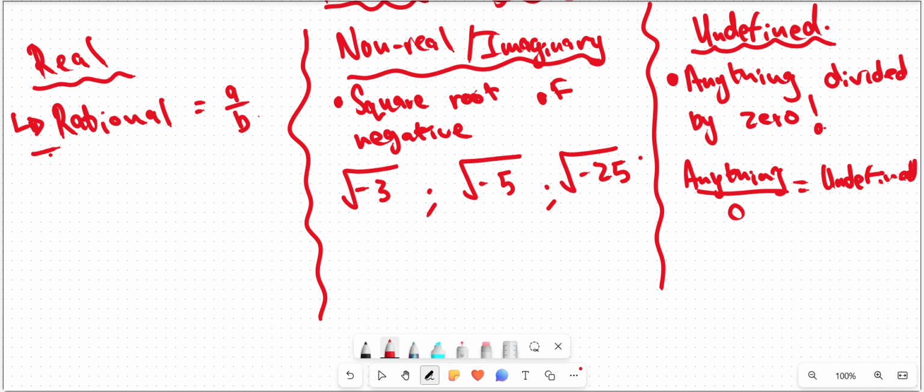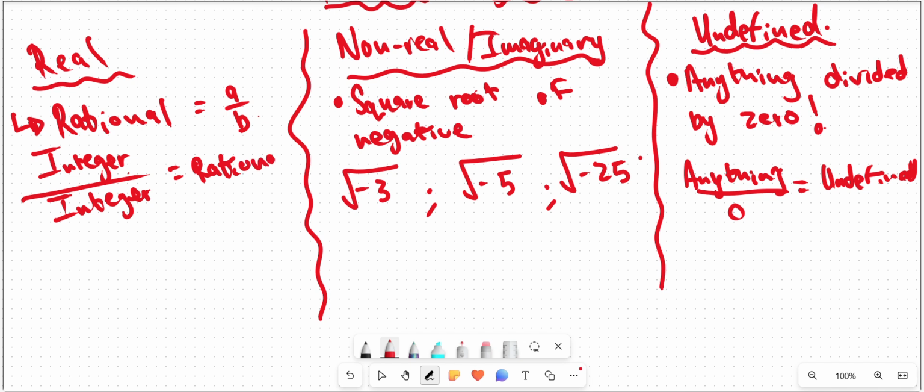So whenever I get an integer dividing another integer, then I get what we call a rational number. And rational is a type of real number.